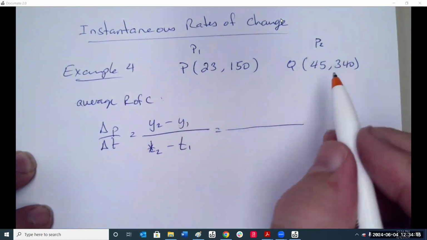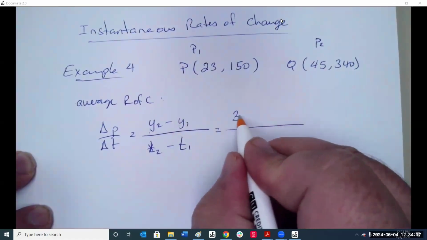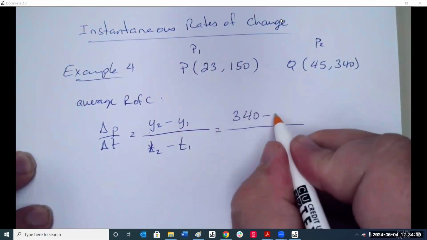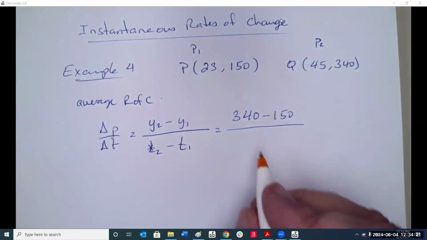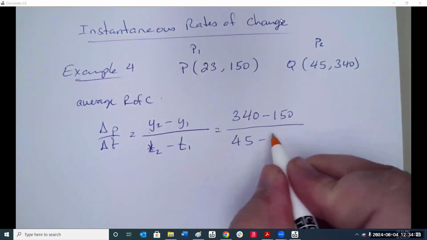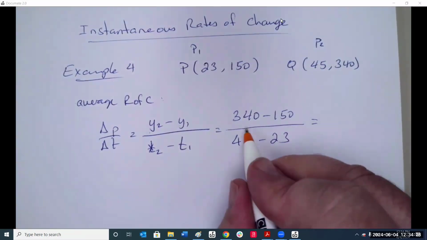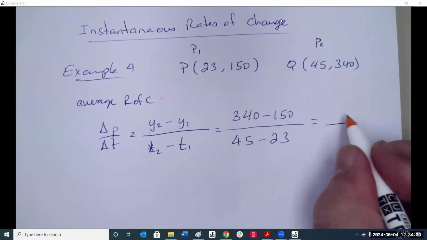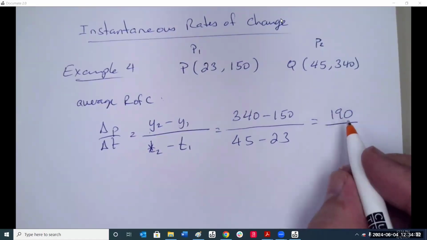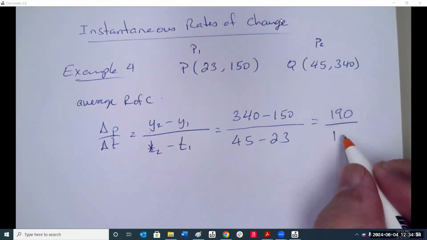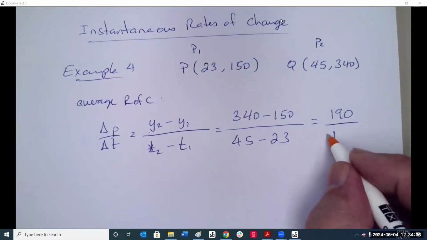So the y values: the second y value is 340, the first y value is 150. Then 45 minus 23. So 190 over 22.